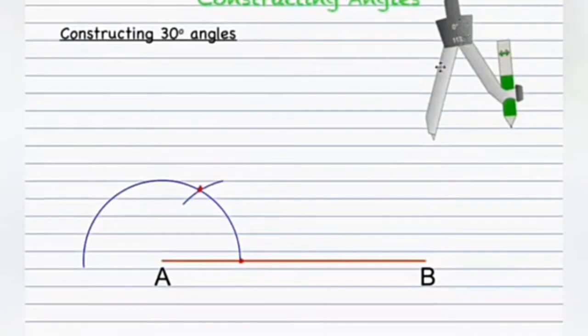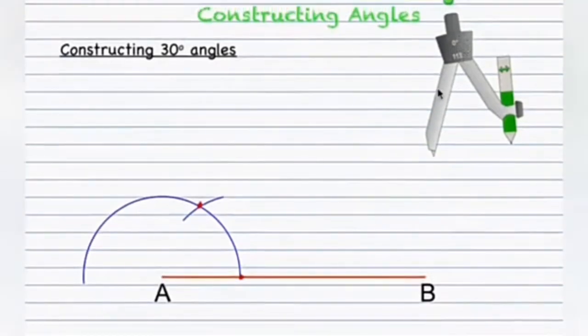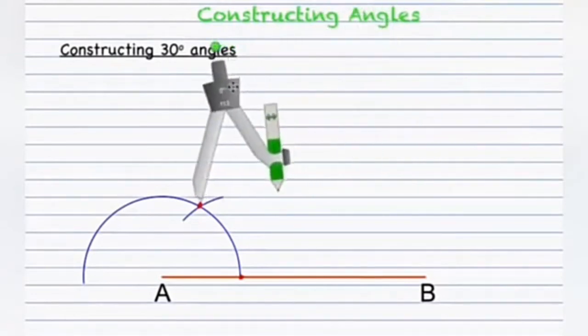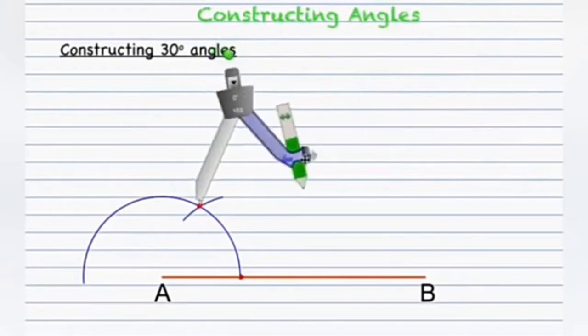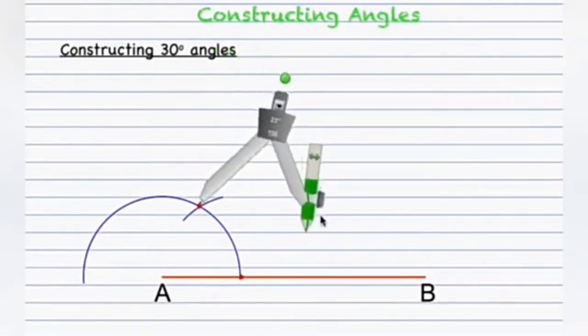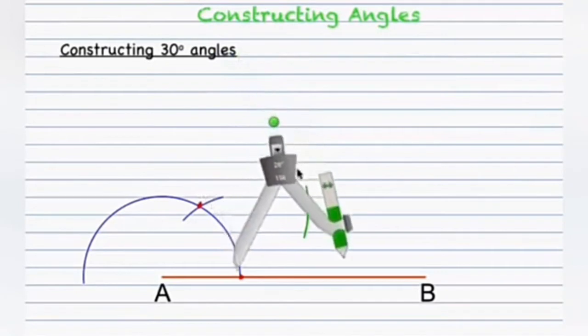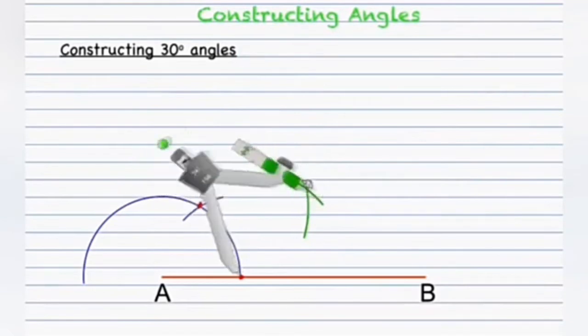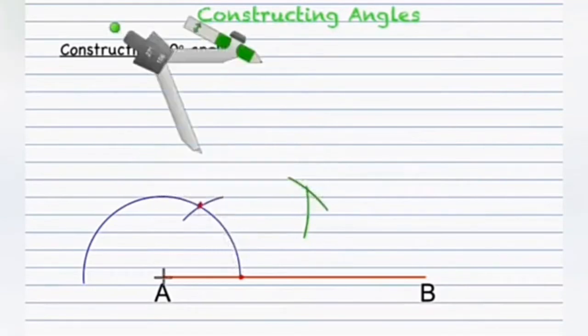So to construct a 30 degrees angle, take the tip of your compass to that point, then you draw an arc, make sure it is at the center of the angle 60 degrees. Draw an arc in that manner, take the tip of your compass to that point also, with the same radius, draw an arc to cut through the first arc that you've drawn.